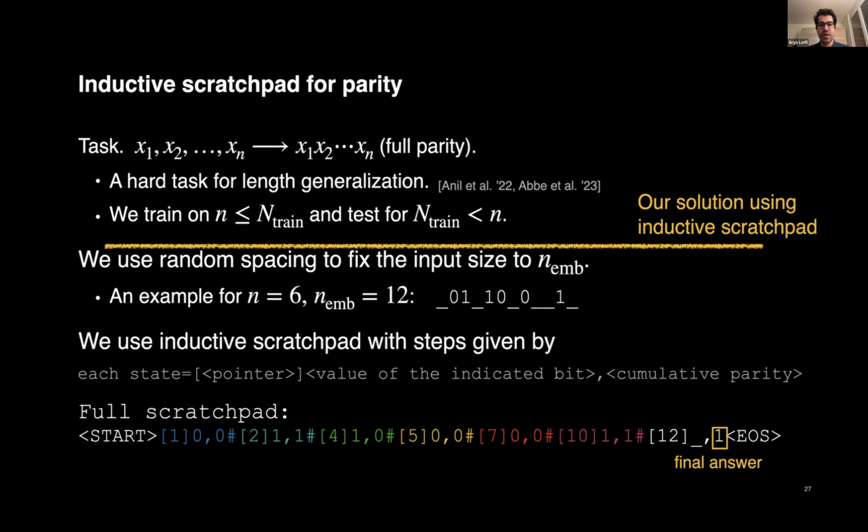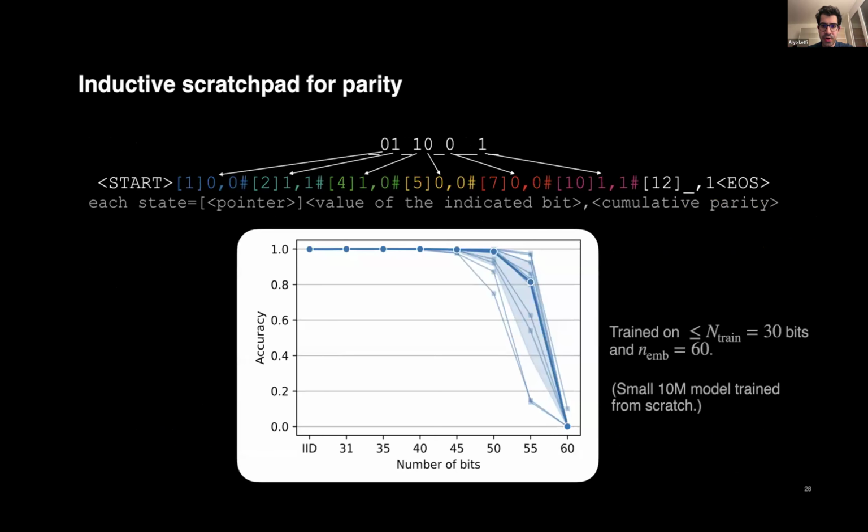You can see how the Scratchpad looks at the bottom of the slide, where each state is colored in a different color. Again, the pointer, the value of the bit indicated by the pointer, and the current value of the cumulative parity.